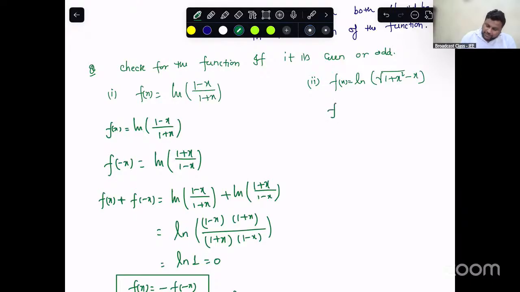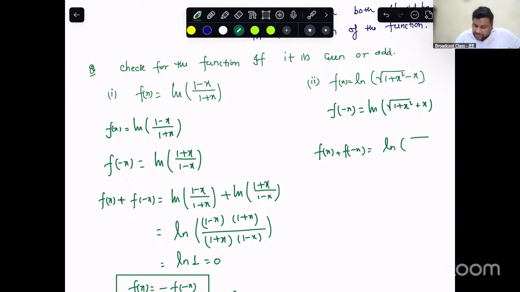Now again, if you see, f of minus x will be what? Ln of under root 1 plus x square plus x will come. Now again, if I add both of them, f(x) plus f(-x), that would be ln root (1 plus x square) minus x plus ln of root (1 plus x square) plus x.